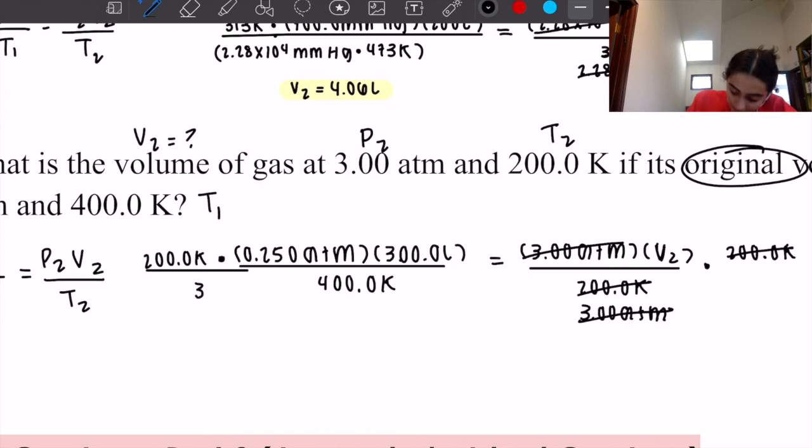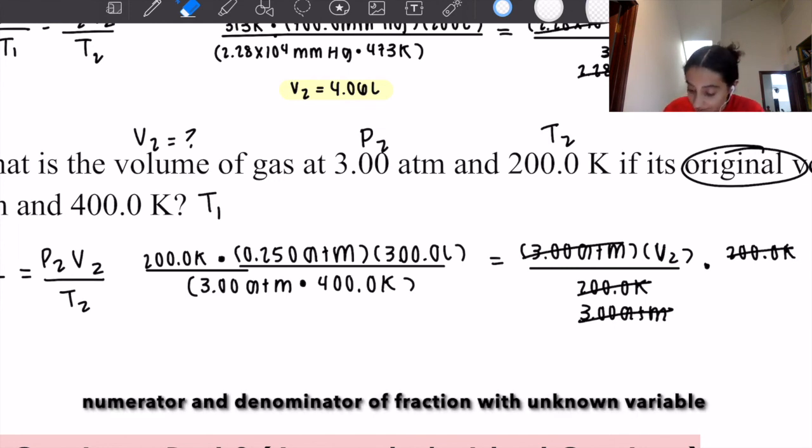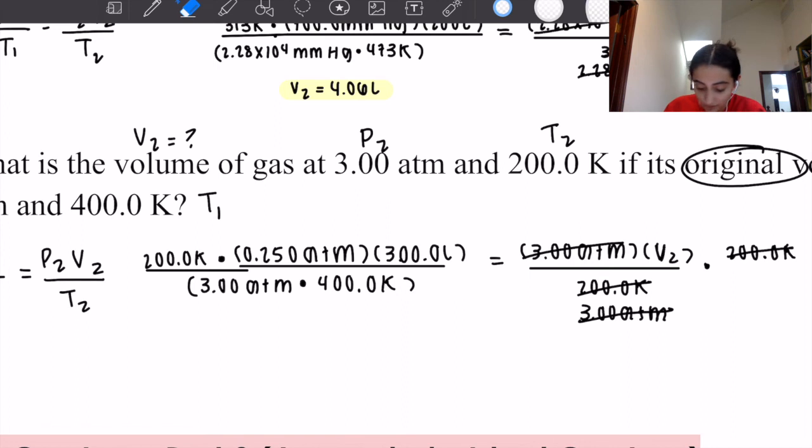I'm going to also divide by 3 atmospheres on this side. And once again, remember that the denominator needs to be in parentheses in order to have proper order of operations. So I multiplied by the denominator and divided by the numerator on both sides.